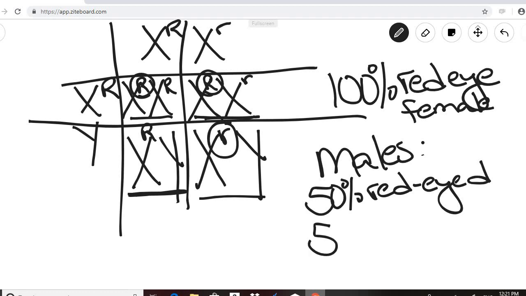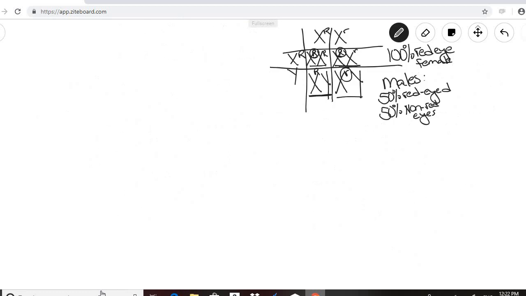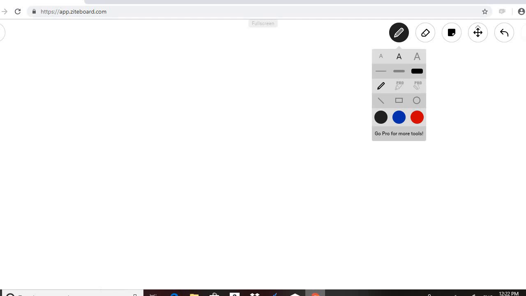So 50% would have non-red eyes. Okay, so you'll get different percentages of the expression of the trait in males and females because it's carried on the X chromosome. So that is an example of a sex-linked trait.